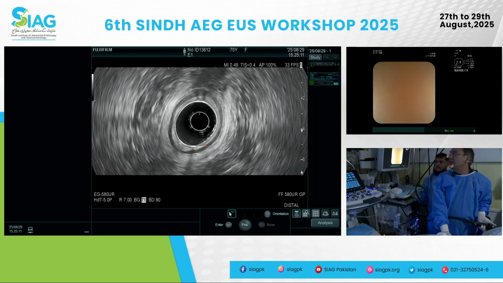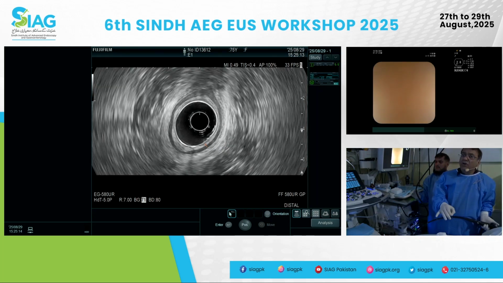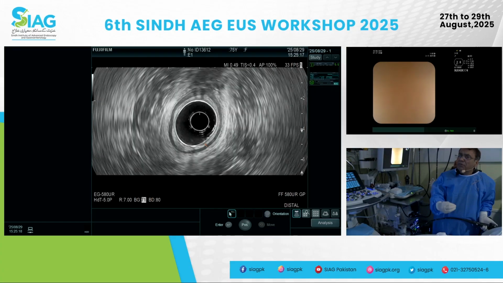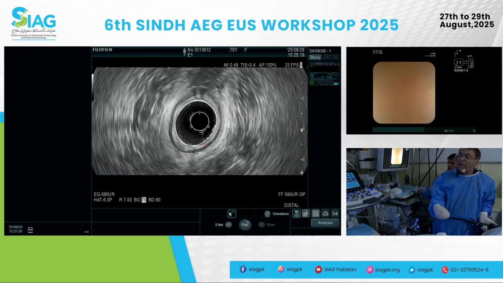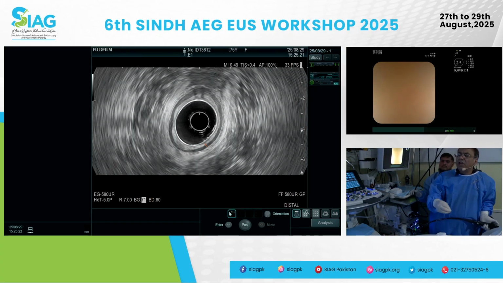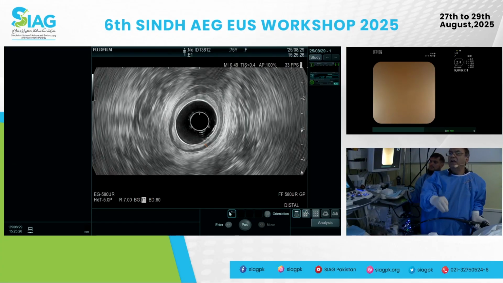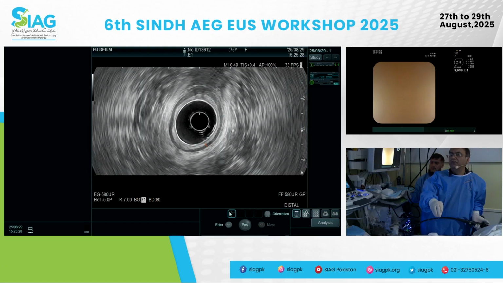It looks very intact. External sphincter, I know Nadeem mentioned it, is hyperechogenic. Most of the internal sphincter you will see very close to the distal anal canal, where the internal and the external sphincters meet.